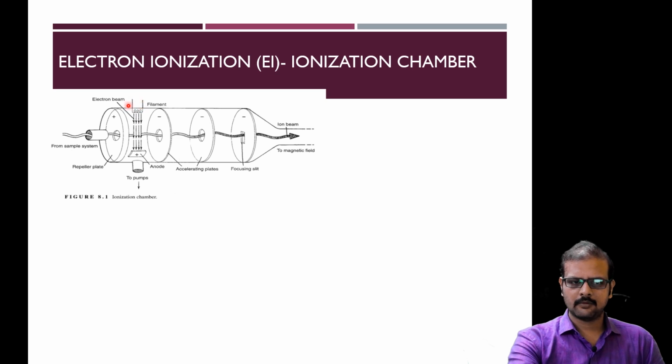Whatever particles or energy come out will collide with the entering molecules. The molecules enter from here, and on collision an electron is released out of the molecule. Then the molecular ions go into these chambers.